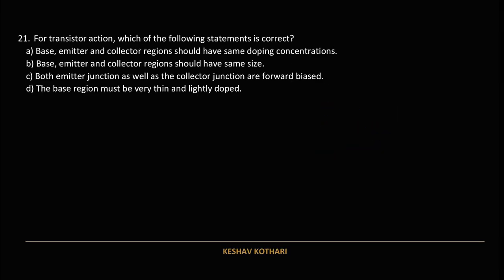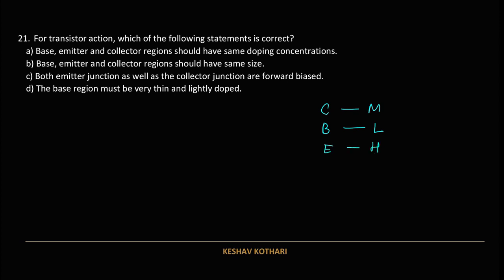So we are dealing with problem number 21 for transistor action. Which of the following statements is correct? So in this problem, the problem is asking us about the comparison between the size of the base, emitter and collector and the doping level which it is subjected to. So over here, one thing can be remembered, that the collector is moderately doped, base is lightly doped, and emitter is heavily doped.